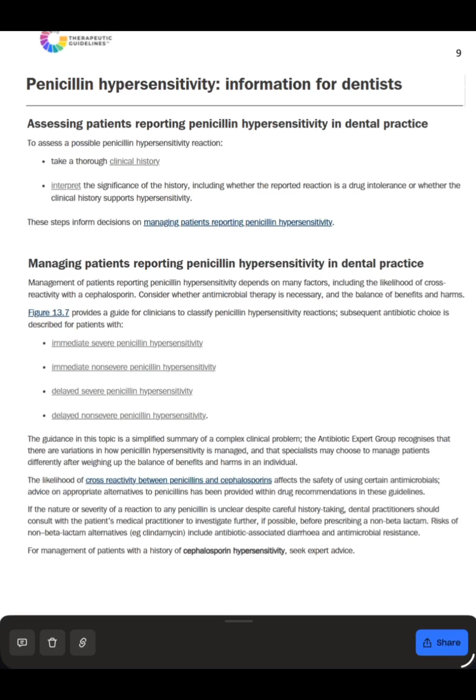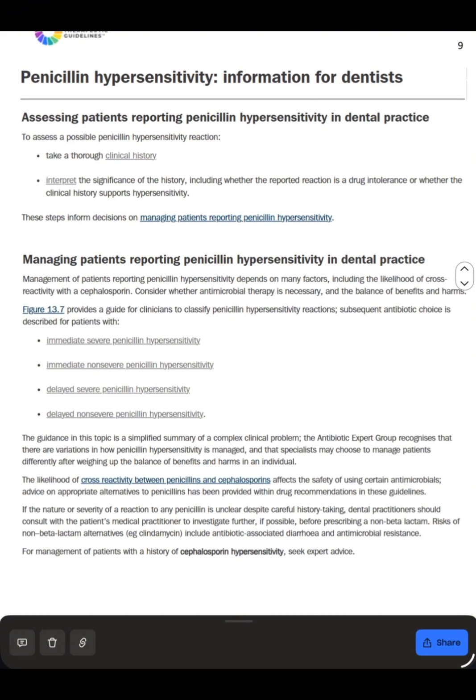The guidance in this topic is a simplified summary of a complex clinical problem. The antibiotic expert group recognizes that there are variations in how penicillin hypersensitivity is managed, and that specialists may choose to manage patients differently after weighing up the balance of benefits and harms in an individual.